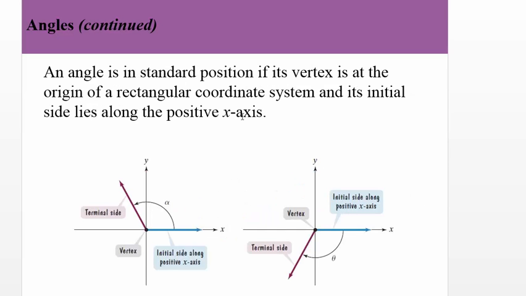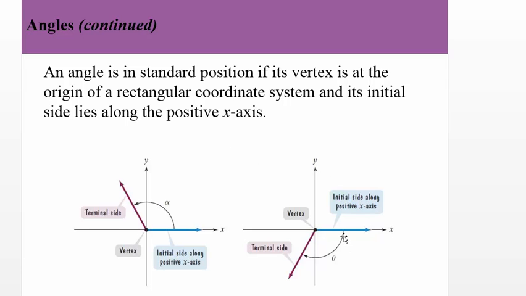Now, an angle in what's called standard position is when the vertex is at the origin here, the point 0, 0, in the rectangular coordinate system, and its initial side lies along the positive x-axis. So here they have angle alpha, so the positive x-axis will be the initial side when we're in standard position.